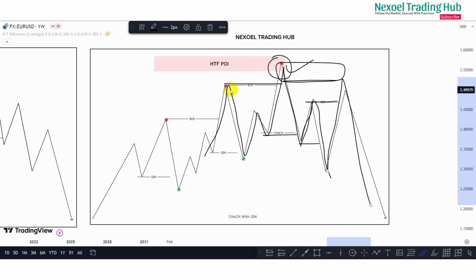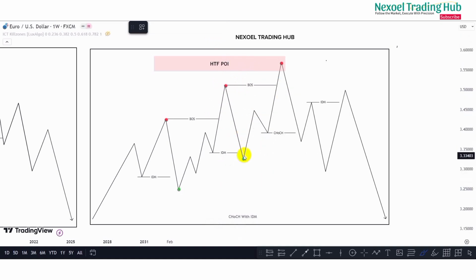So let me show you in the case whereby price actually sweeps this higher high points, what really you should be anticipating. So in the condition whereby we have price pushed to the upside, we have this pullback, and then we see price return into our higher time frame point of interest. And what we have here is actually a sweep of liquidity.